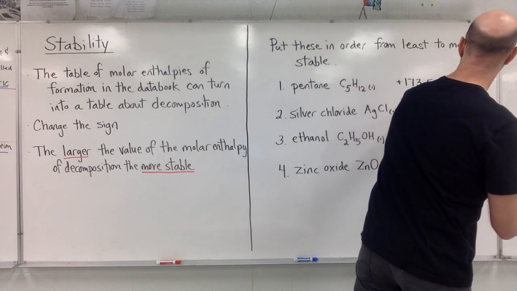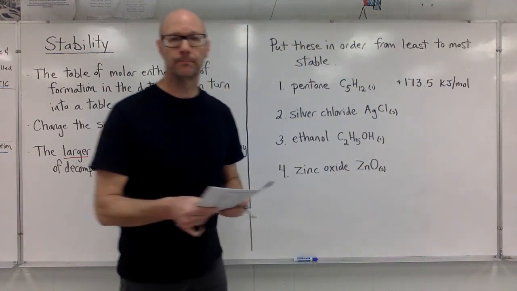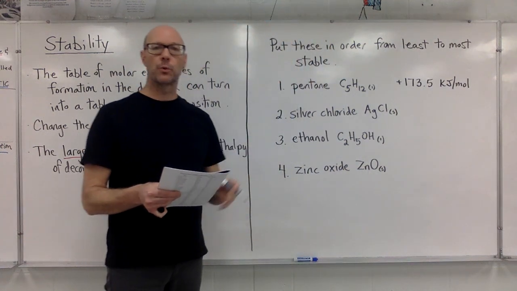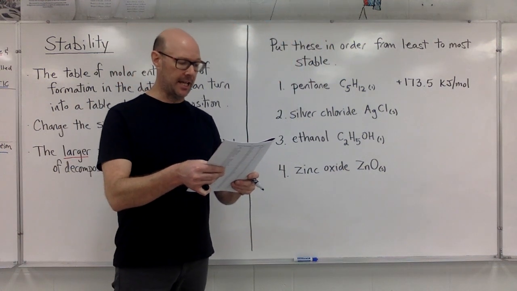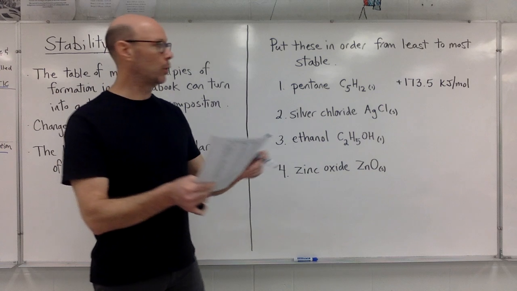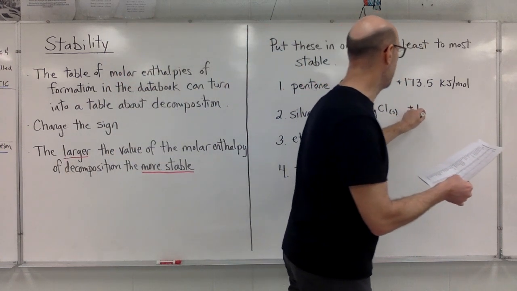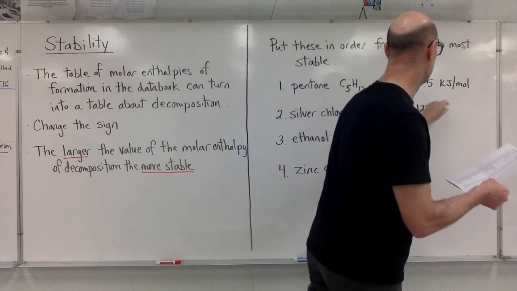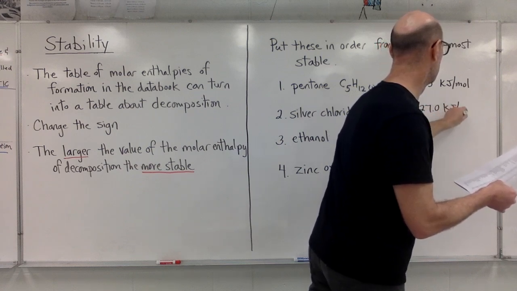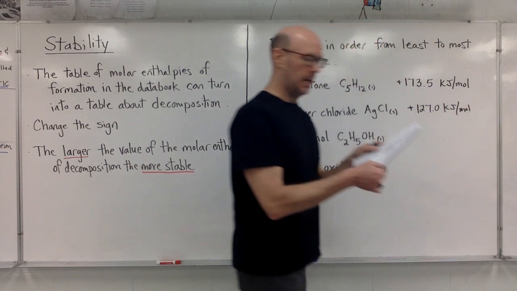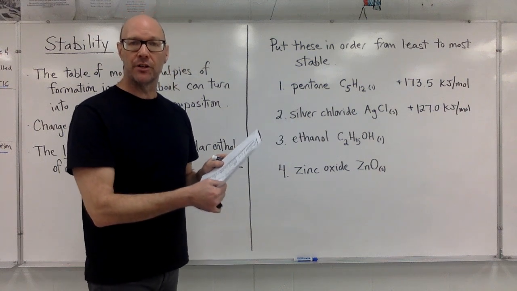173.5 kilojoules per mole. The next one is silver chloride. I take my time. Silver chloride. I look it up and change the sign. The data booklet says negative 127.